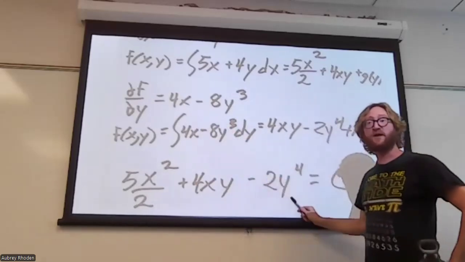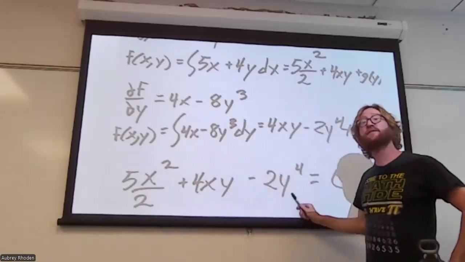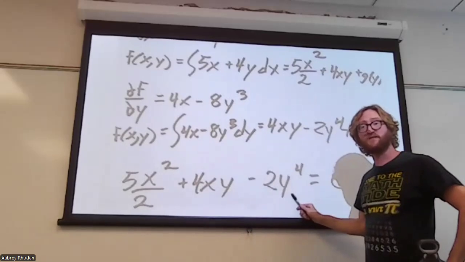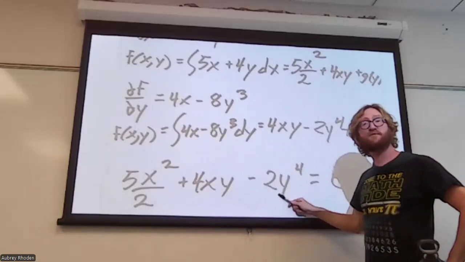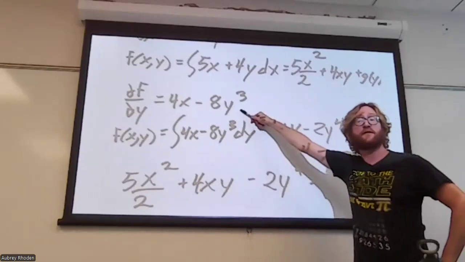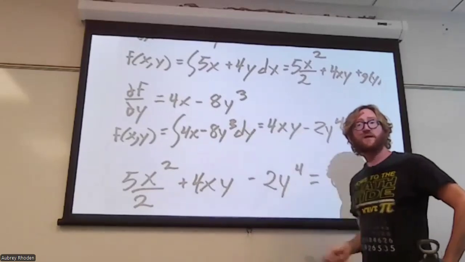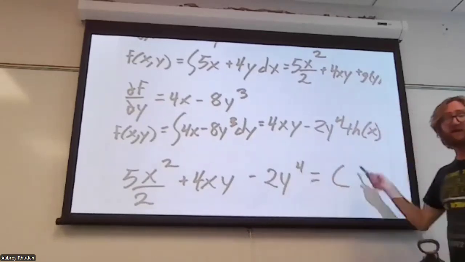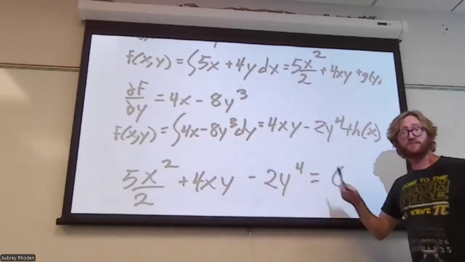All right, come down to this one right here. If I took the derivative of this with respect to y, what is it going to do? It's going to spit a 4 out to the front, turning that into an 8, and it's going to drop the exponent down by 1, so that it's 3. And that will give me that term, right? So this whole thing right here is actually the solution to the problem.